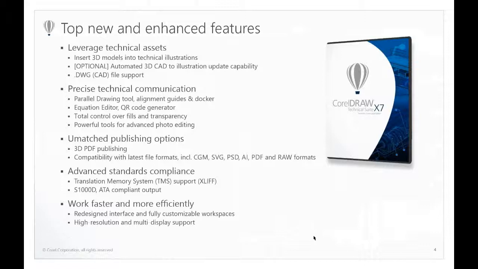Of course, X7, that's the 17th version of the product, so there is a lot behind it beyond what is new in this version, but I want to focus on the newly developed and enhanced features in this new version. And of course, you will see further events to highlight specific topics, as we will only be able to touch these many highlights today.